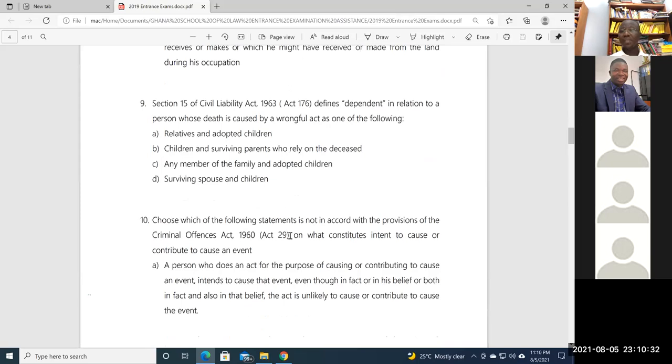Now, I'm going into the area of torts. Section 15 of the Civil Liability Act 1963 defines dependents in relation to a person whose death is caused by a wrongful act as one of the following.